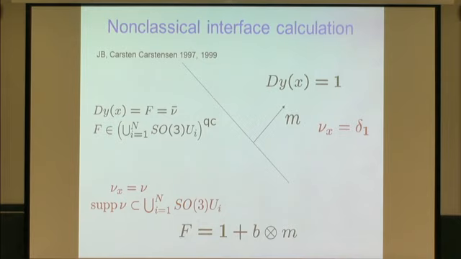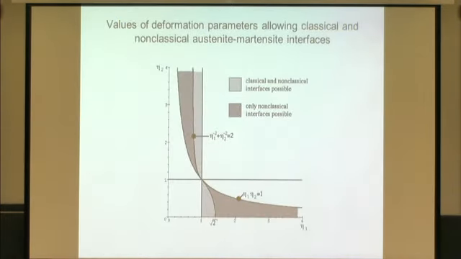And then F has to be the identity plus b tensor m. That's the compatibility condition. And the trouble is that since we don't know how to characterize quasi-convex functions, we don't know how to characterize this set either. And it's unknown unless there are only 2 martensitic energy wells. So this is a picture of a calculation.